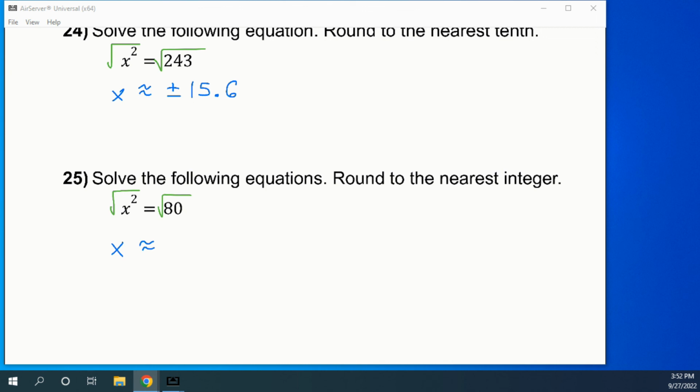So my guess is that it's going to be 8.9 something. If it's rounded to the nearest integer, it's going to be about 9. Let me just check this in a calculator. The square root of 80 is about 8.944. But it does say to the nearest integer, so it'll either be positive or negative 9.